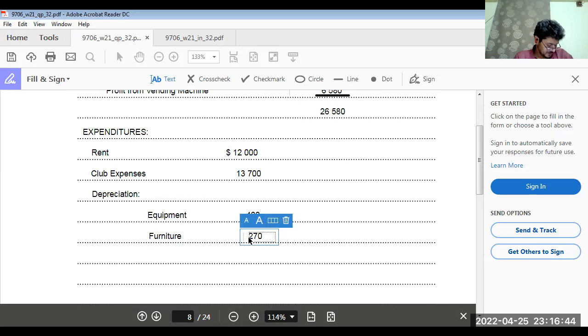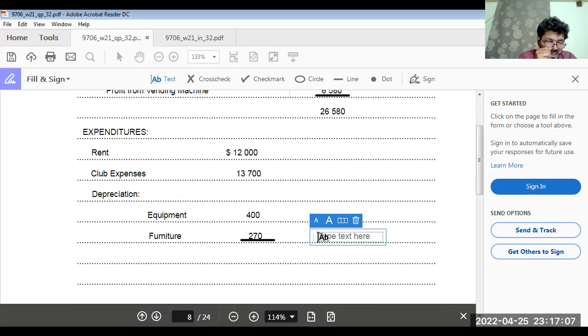Okay. So total expenses, total expenditure, how much? 12,000 plus 13,700 plus 400 plus 270. 26,370. I should keep it in brackets.